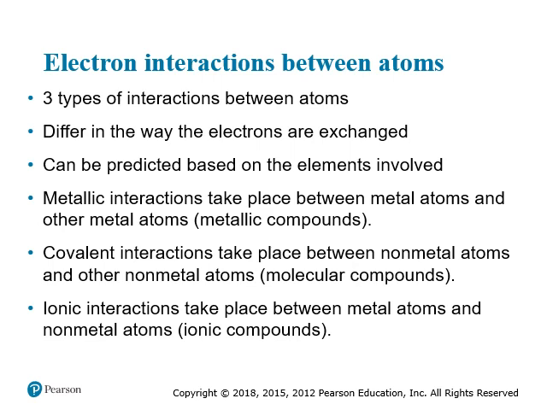If the two atoms that are interacting with one another are both metals, then the interaction that takes place is called a metallic interaction or a metallic bond. If the two atoms in question are both nonmetals, then the interaction is considered a covalent interaction or a covalent bond. Lastly, if we see an interaction taking place between a metal atom and a nonmetal atom, the result of that is what we call an ionic interaction or an ionic bond.